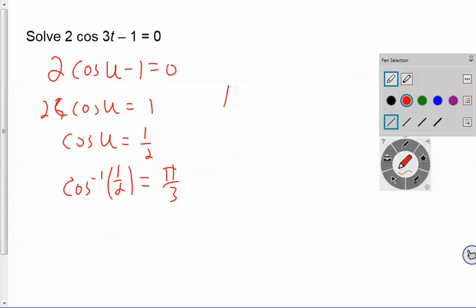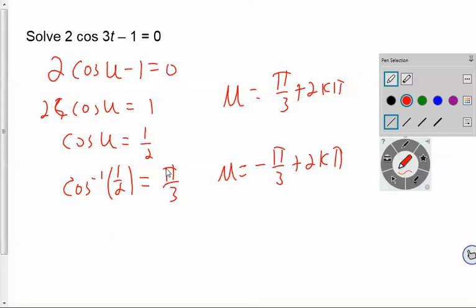So we got u is equal to pi over 3 plus 2k pi, and u is equal to negative pi over 3 plus 2k pi. But we're not done. We replaced u with 3x. So this is 3x equals pi over 3 plus 2k pi, and 3x equals negative pi over 3 plus 2k pi.